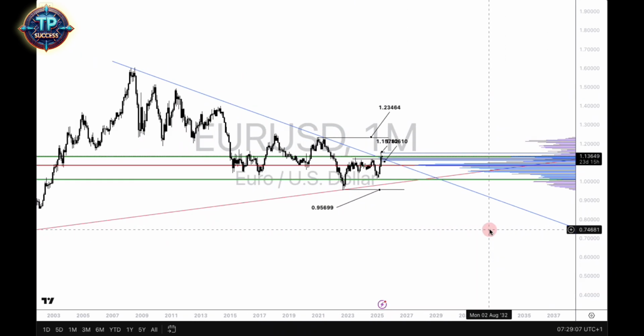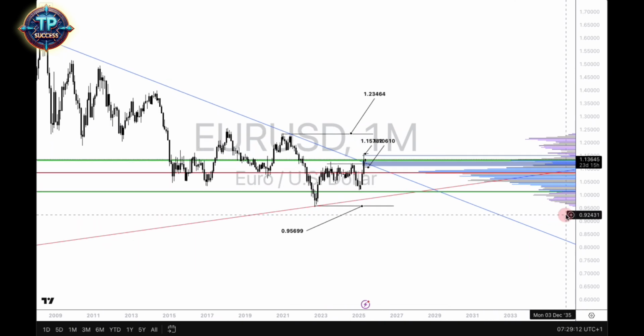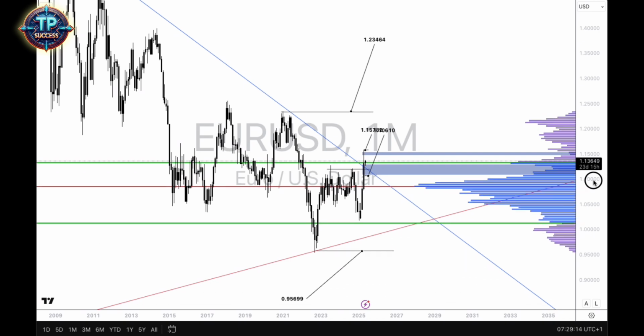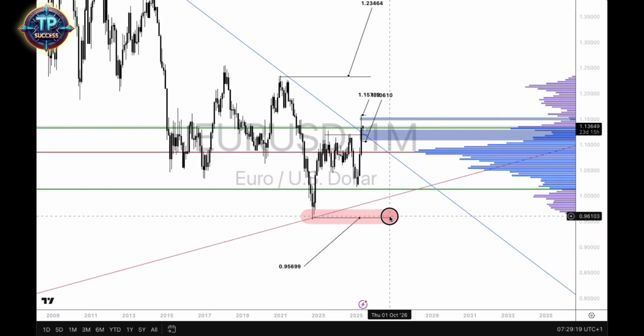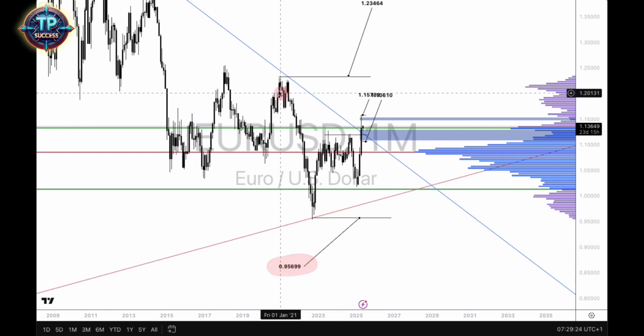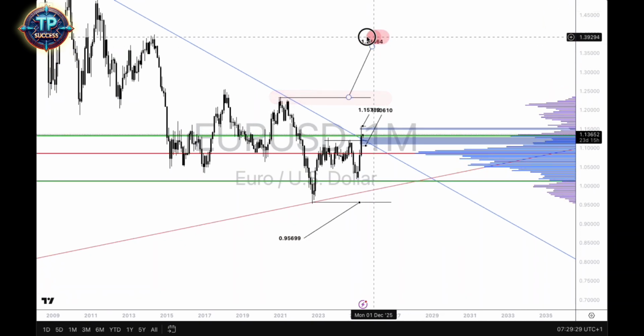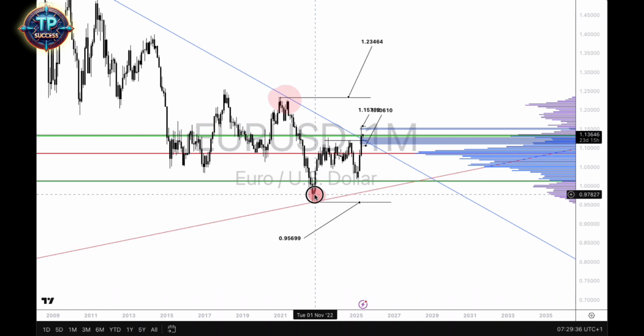Then I also pointed out areas of major importance for us, right, in terms of looking for potential big moves in the market. Okay, so for that we've got these two areas over here, and that is this swing low down here, and this is the price point, right? And then we have this swing high up here, okay, and this is the price point. For me, these two levels, so this level right here and this level right here, are the most important levels in terms of what's going on in the market right now.